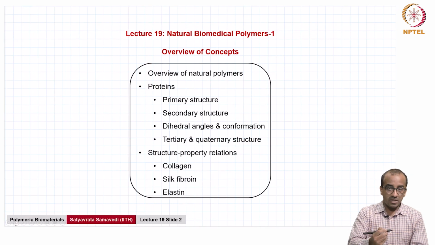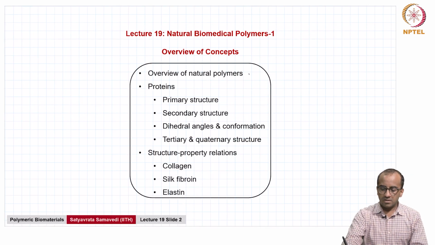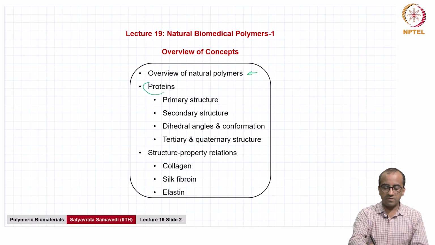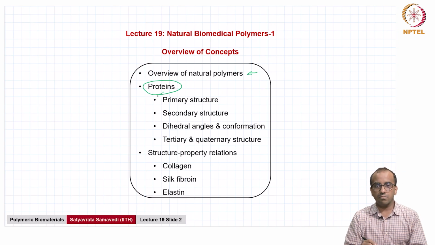And as part of this lecture, we will first take a little bit of time to recapitulate some key aspects of natural polymers that we have seen earlier, and then move on to discussing one very important specific class of natural biomedical polymers, namely proteins.